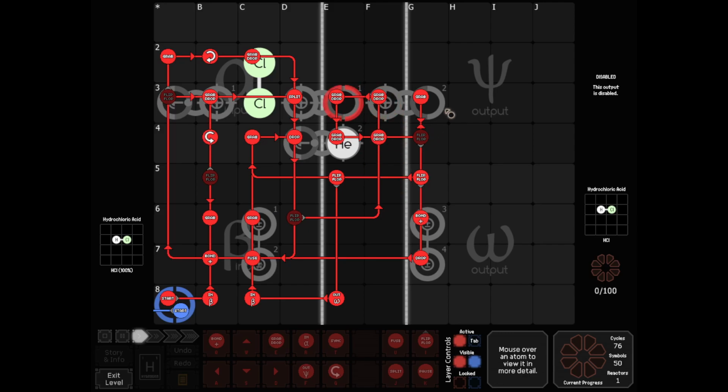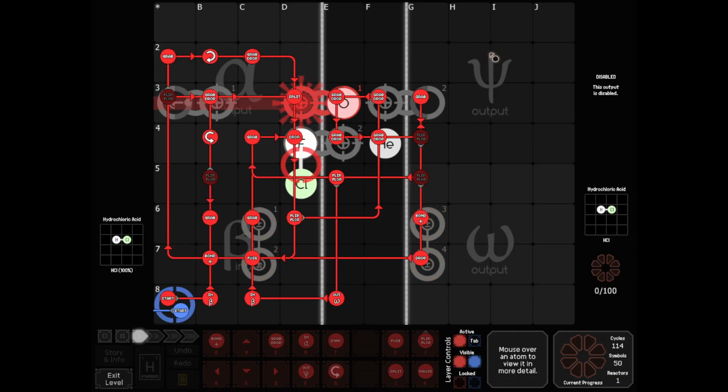First, the helium needs to move over one more spot. Or even 2 more spots. One more spot it was. And then it brings the chlorine across.